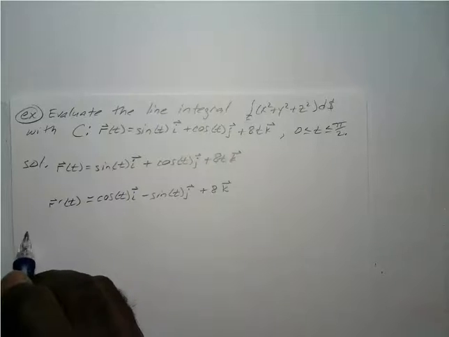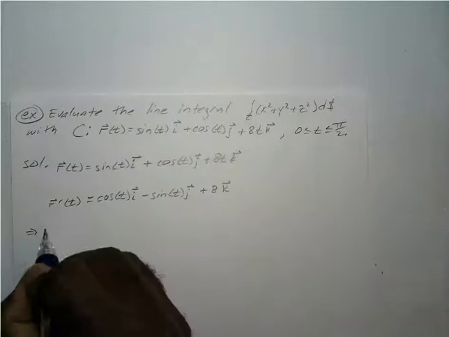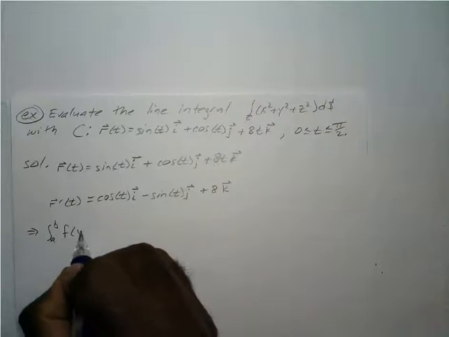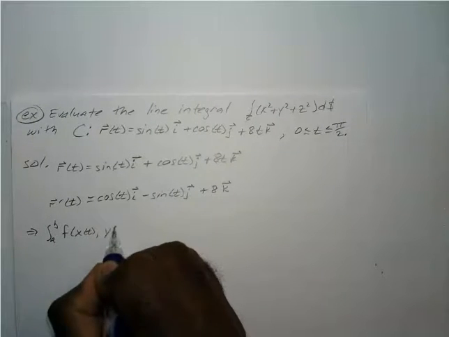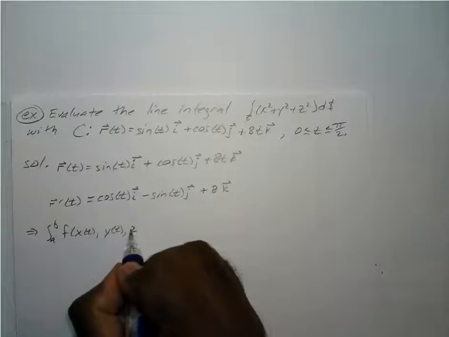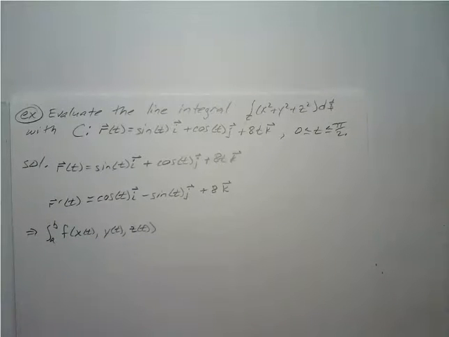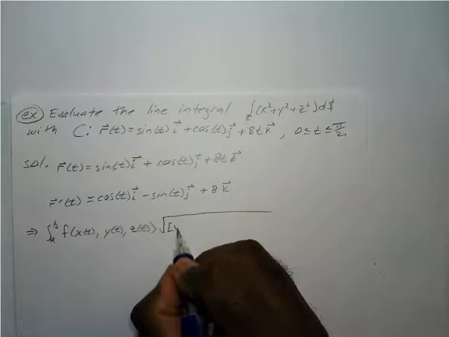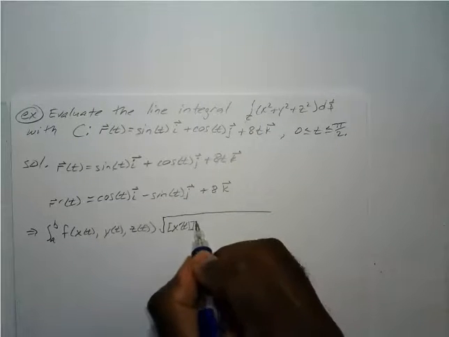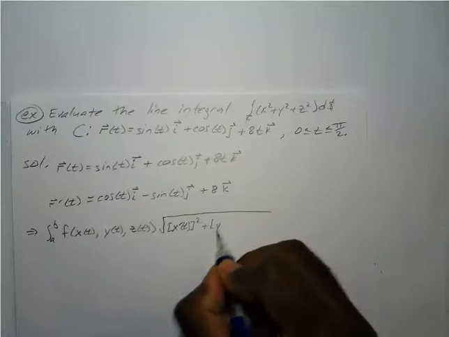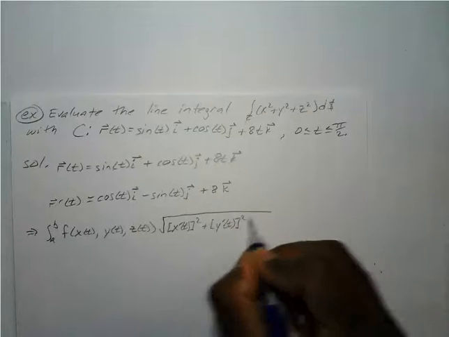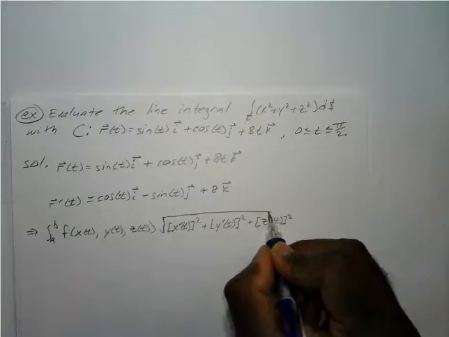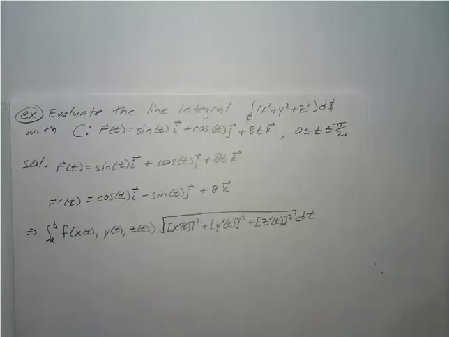Alright, so just like before, I'm just going to write the formula out. So f of x of t, y of t, z of t times the square root of x prime of t squared plus y prime of t squared plus z prime of t squared with respect to t.